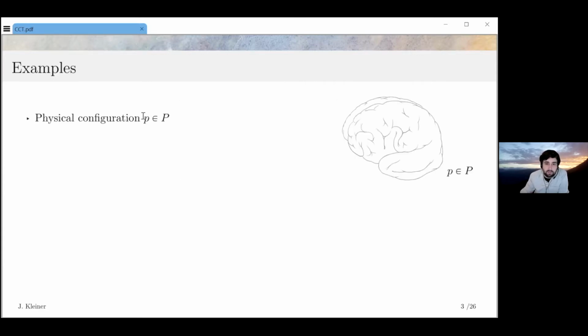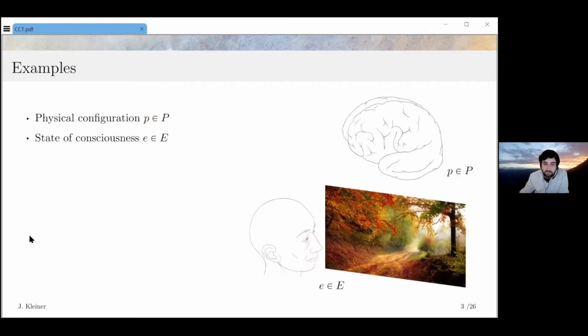A typical example of a physical configuration would be the brain, for example, as described at the level of neurons. We'd have the brain with the neurons and all their connections, and for every neuron we'd have a state. So that's a little p in P. A state of consciousness is more difficult to nail down, but what you should have in mind is a situation like this.